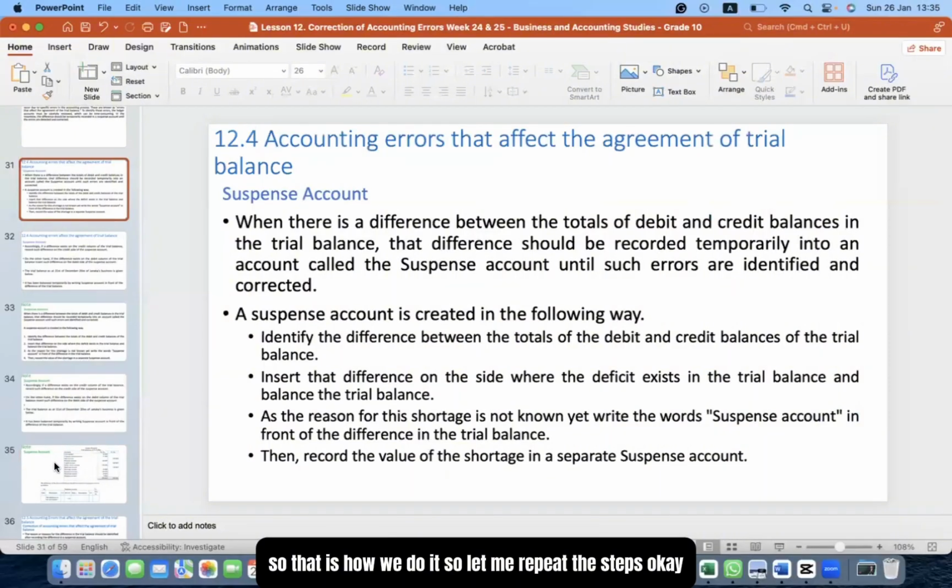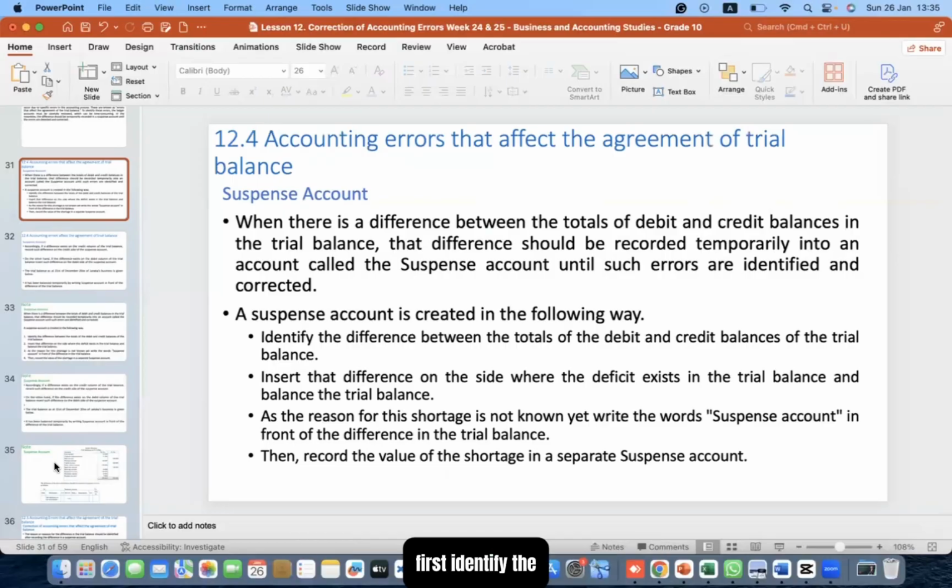So let me repeat the steps. How do we create that suspense account? First, identify the difference between the totals of the debit and the credit balances of the trial balance. Then insert that difference on the side where the deficit exists. I told you there is a short.